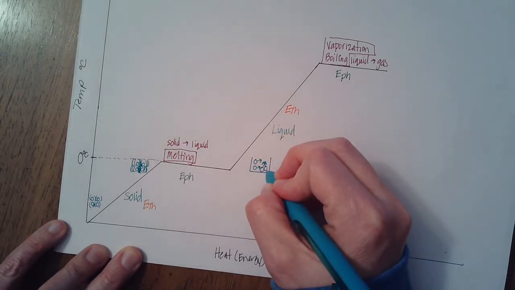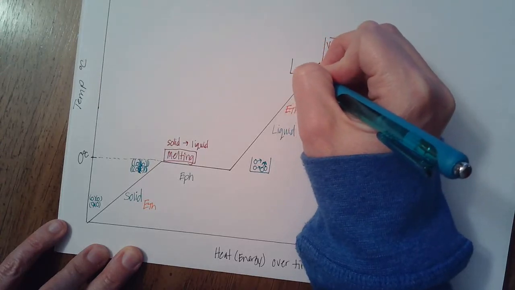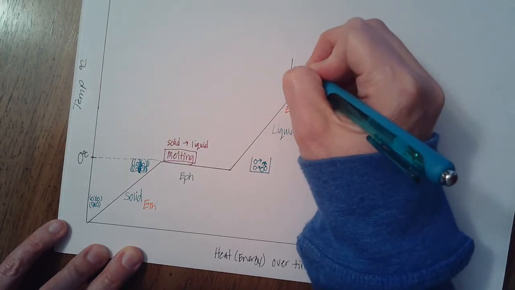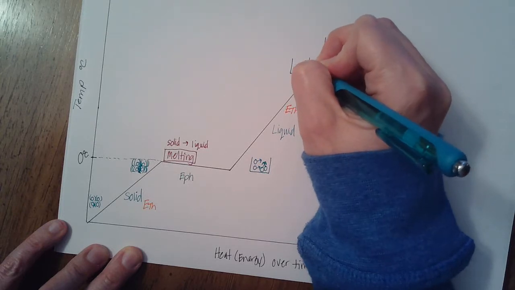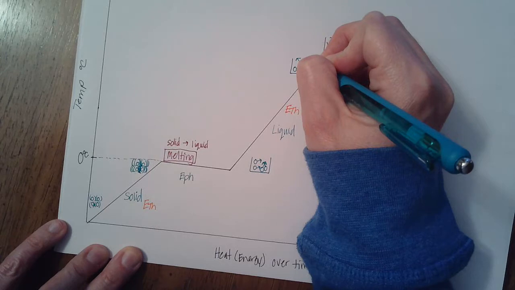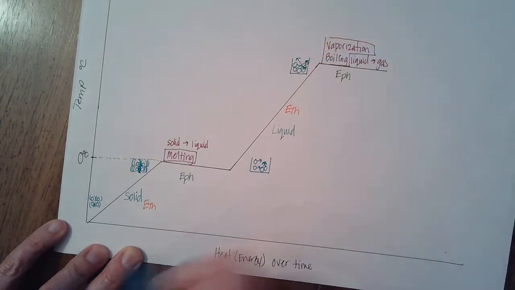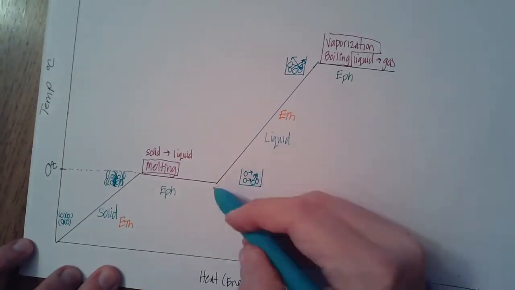They have a certain temperature here, but up here, they would be moving much faster. Still a liquid, but they're moving faster. E thermal energy.